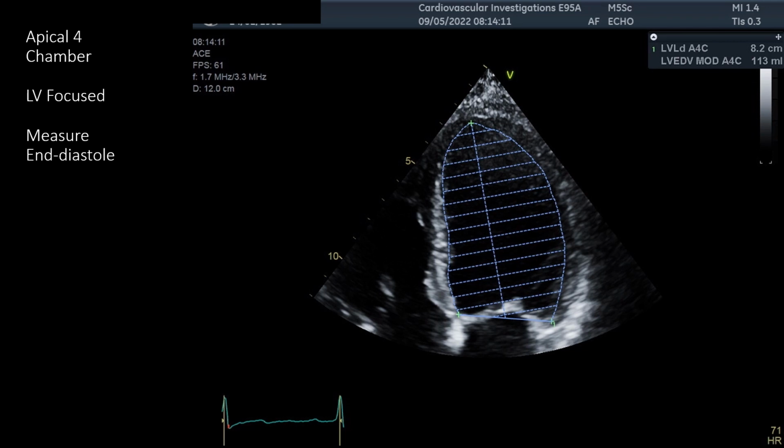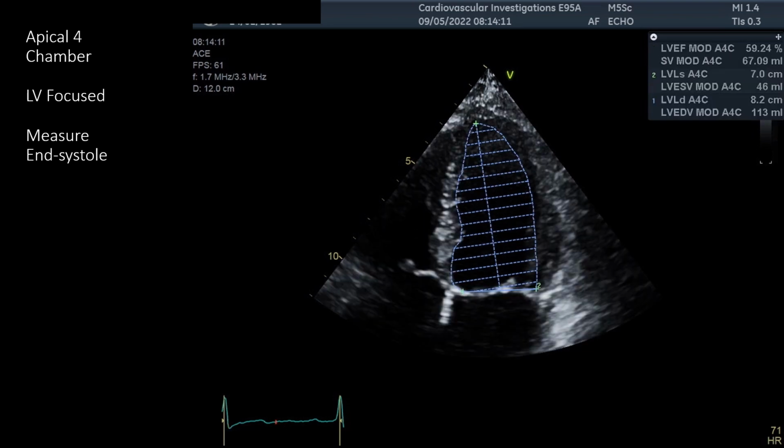Just measuring Simpson's biplane now to calculate the ejection fraction. So this is the measurement of the LV at end diastole in the four chamber view, and end systole. Using Simpson's method to compare the size of that chamber during systole and diastole, we can make estimations of the ejection fraction.